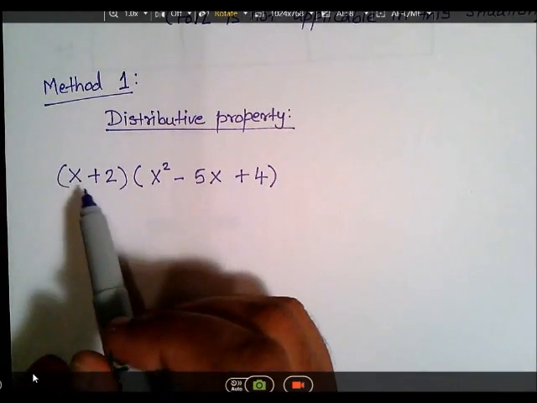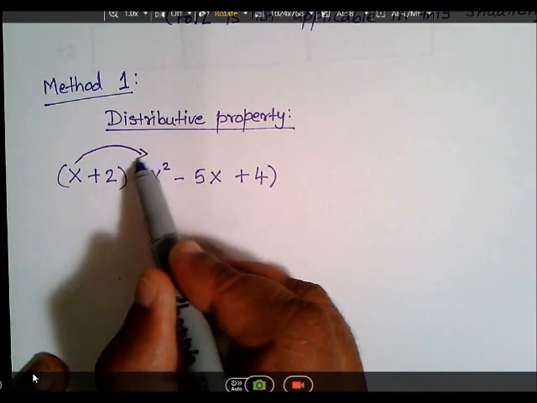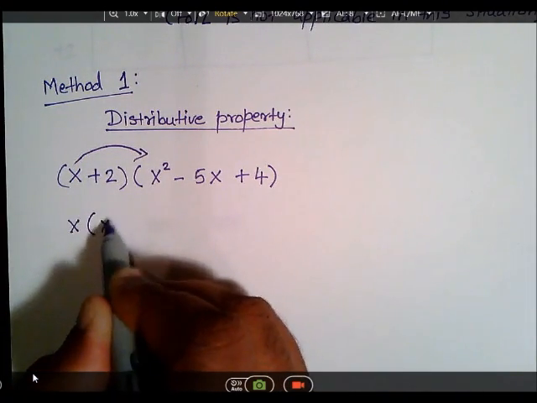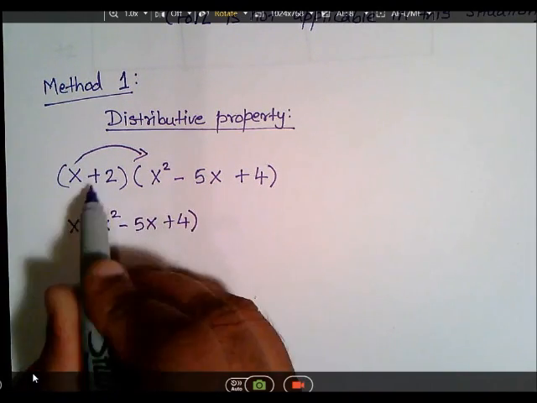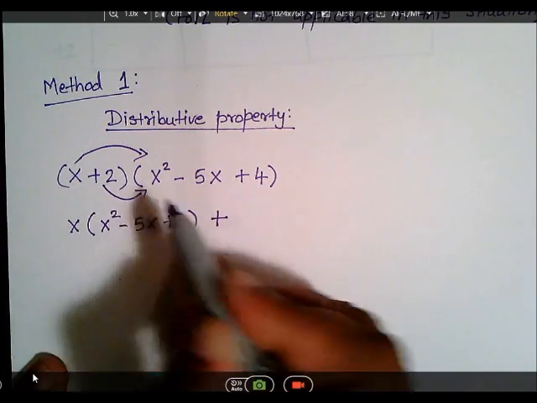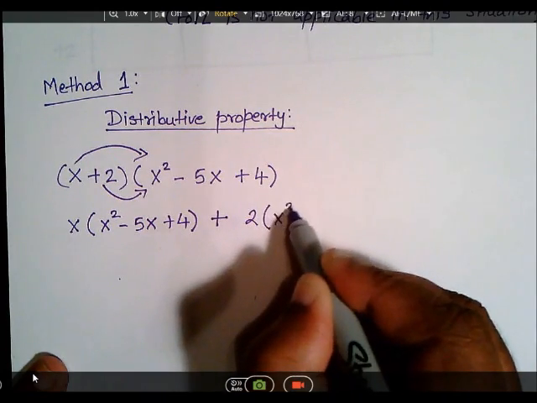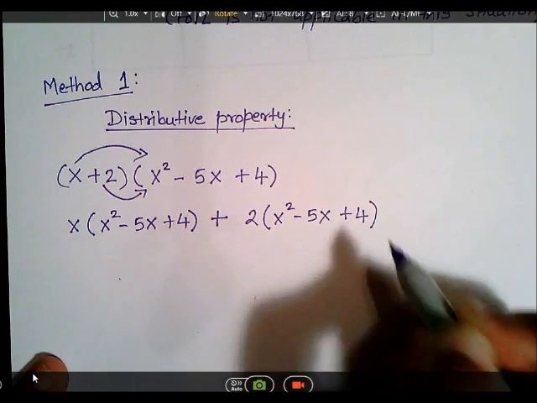Alright. Distributive property is I am distributing the first term to the second polynomial first. So it is x times x squared minus 5x plus 4 plus I am distributing the 2 to the second polynomial. So I have 2 times x squared minus 5x plus 4.